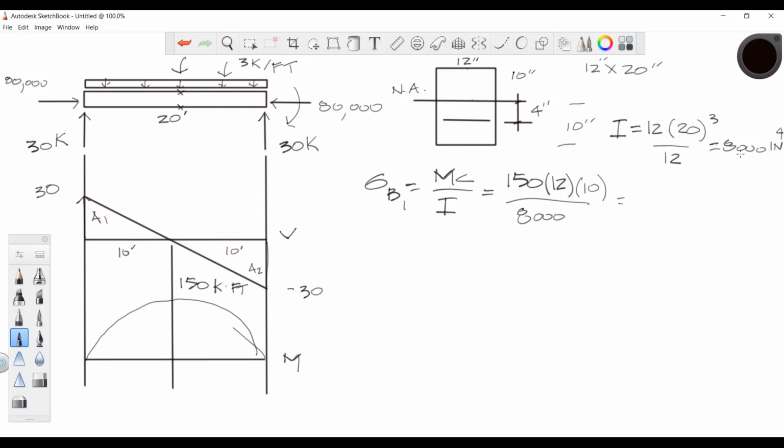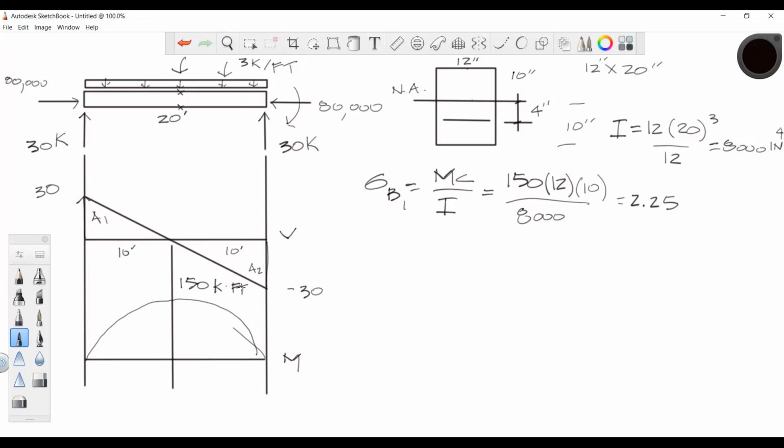What'd you get? I got 2.25. What would be the unit of that? Inches. Oh, wait, no. Well, we're in kips, right?